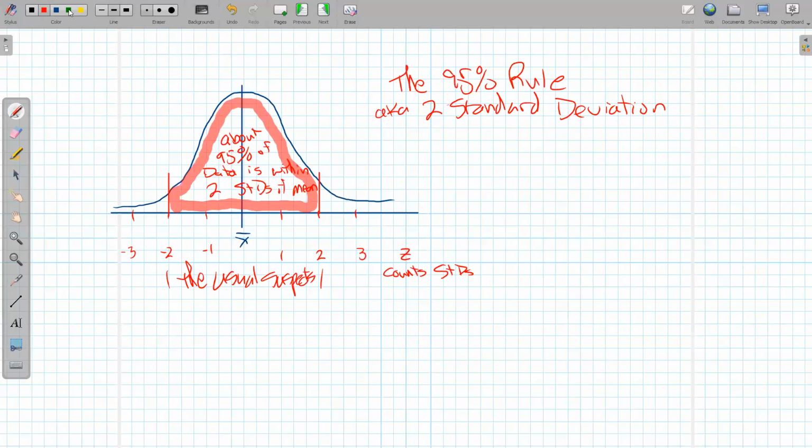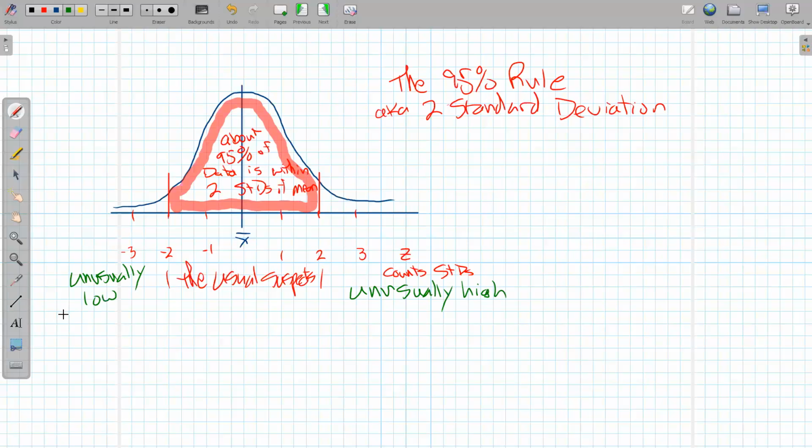Things outside of that are unusual. So if somebody has a measurement over here, they're unusually low compared to the rest. So these guys are unusually low numbers. And numbers over here on this side, more than 2 standard deviations to the right. So if your Z-score is 2.5 or 3 or 7, that happens sometimes, those numbers are unusually high compared to the rest.